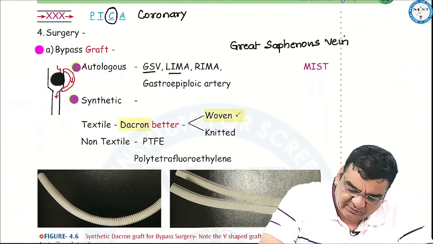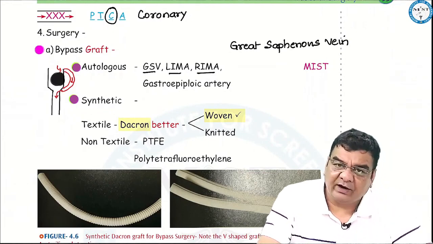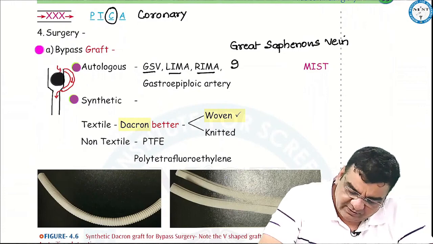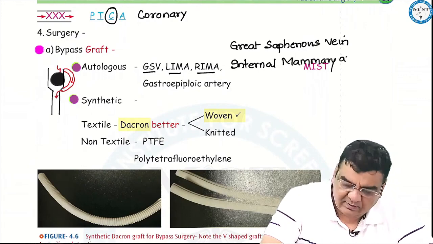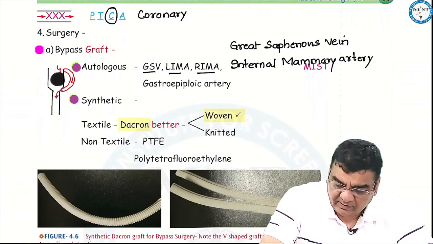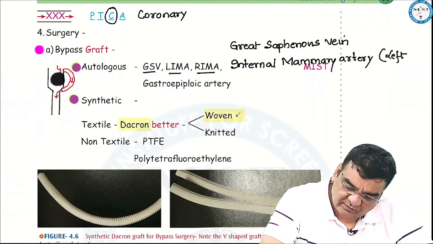This can be LIMA, RIMA, left internal mammary artery, right internal mammary artery. So we can use internal mammary artery, left or right.